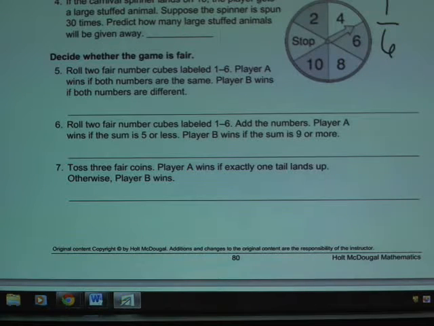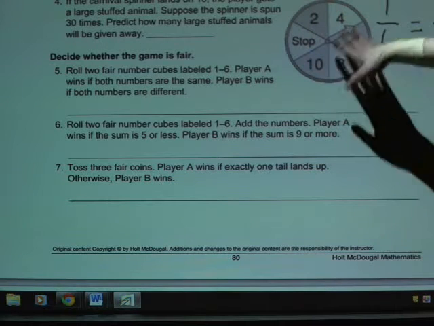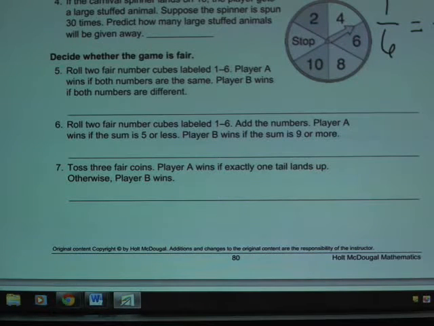They want us to now inflate that to represent 30 total spins. So I'm going to take this fraction and inflate it to represent something compared to 30. All right, well, realize what I've written here. Again, just like we saw a minute ago, this is the number of winning scenarios compared to the total number of possibilities, 1 out of 6. This new ratio that's compared to 30, well, that's 30 total spins.